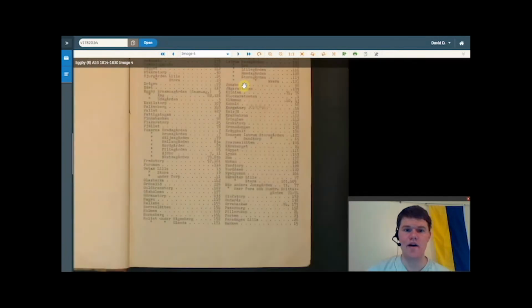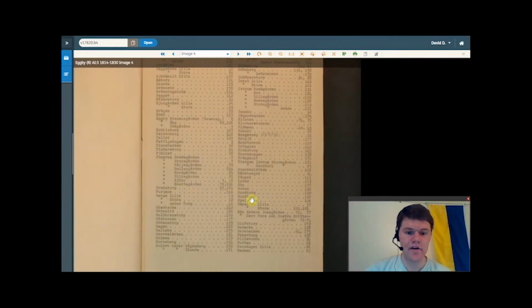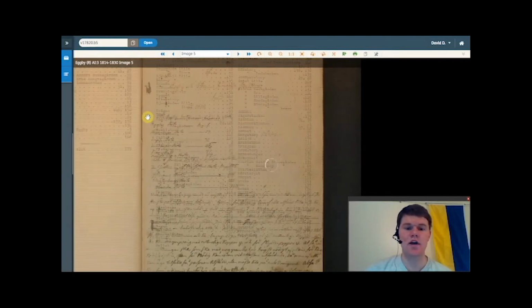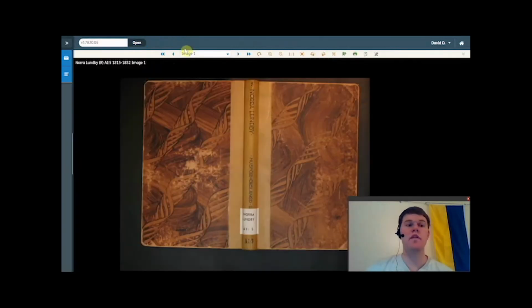So then we reevaluate and figure out where we're going to go next. Nothing looks good there. I'm going to the next page and check here. Still wouldn't find her even if we were to look in some of these places. So we go on to one of the other ones.